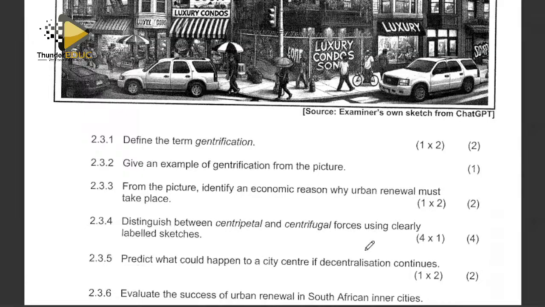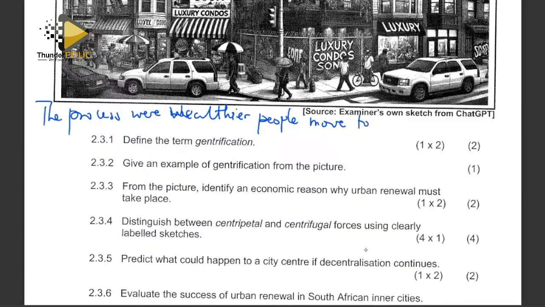That is a geographical term which relates to the process where wealthier people move to previously low income or working class neighborhoods.